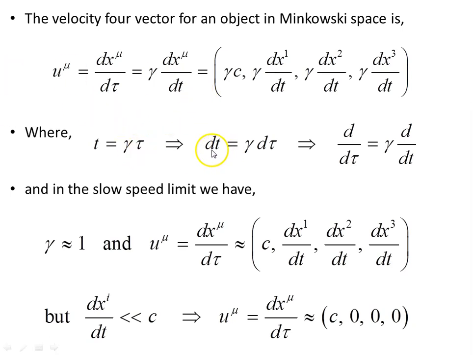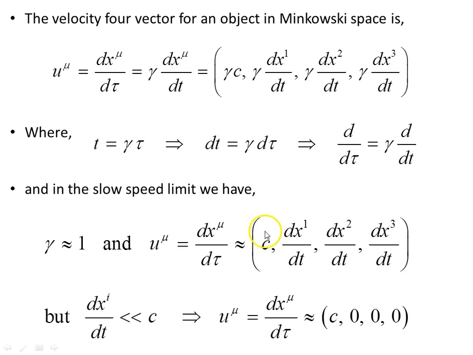So the differential d tau is gamma times dt. And now in the slow speed limit, we have gamma as approximately 1, and u mu equals dx mu d tau is approximately c, dx1 dt, dx2 dt, dx3 dt. Remember that gamma is now 1 in the slow speed case.